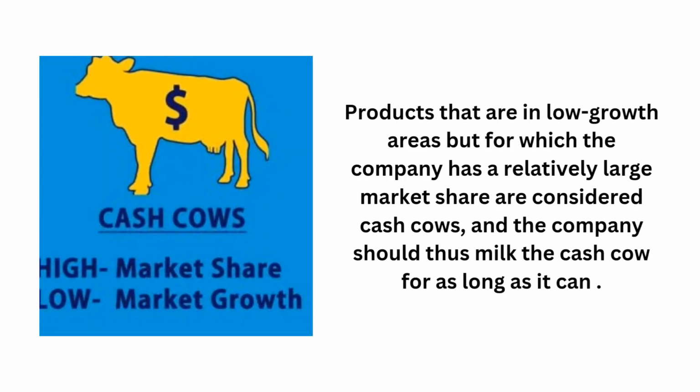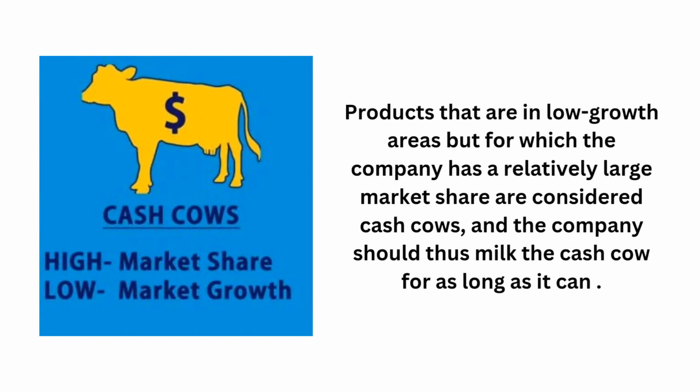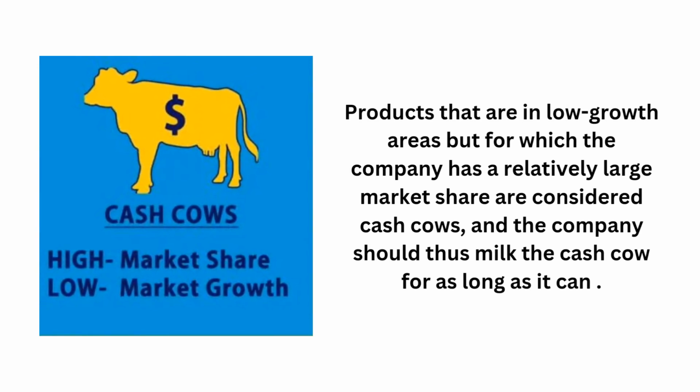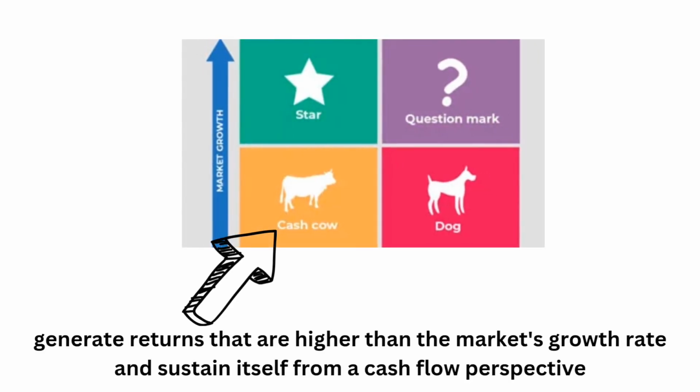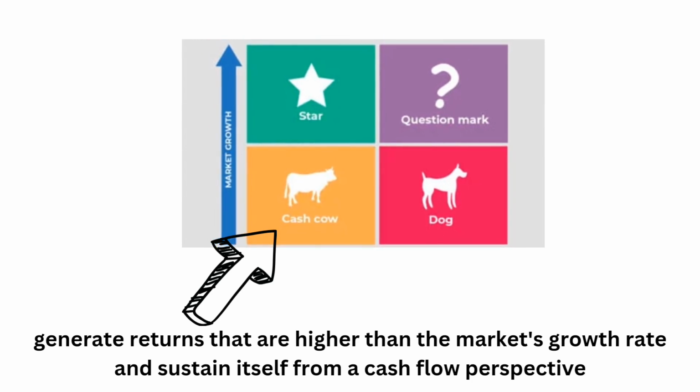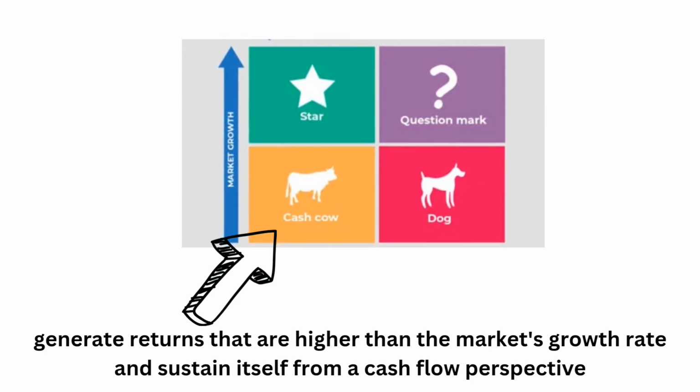Next is the cash cows. Products that are in low growth areas but for which the company has a relatively large market share are considered cash cows, and the company should thus milk the cash cow for as long as it can. These products generally generate returns that are higher than the market's growth rate and sustain themselves from a cash flow perspective.